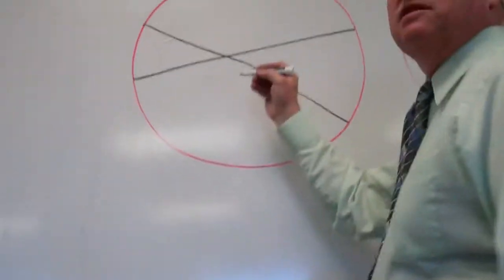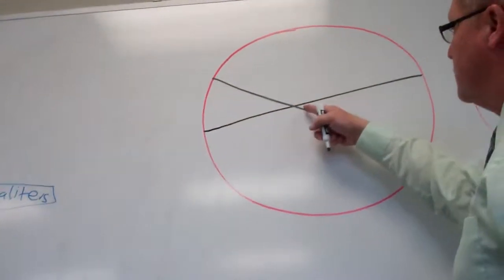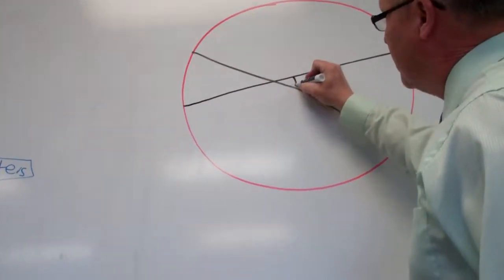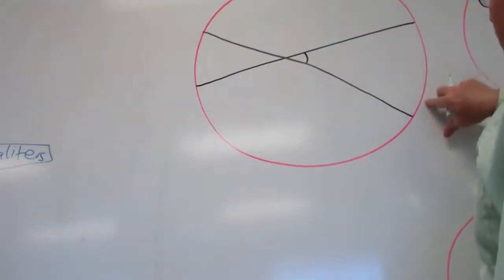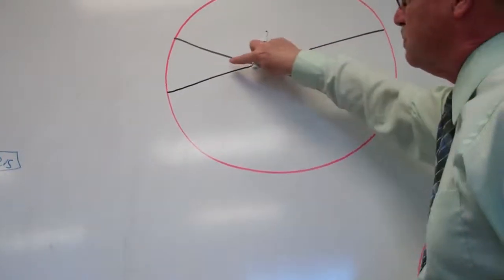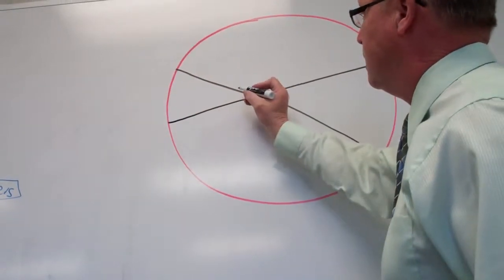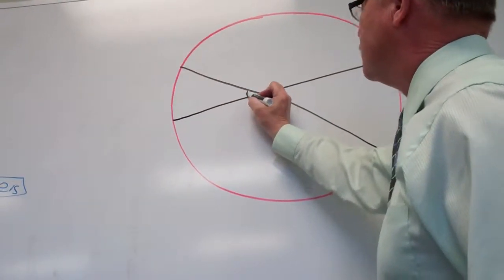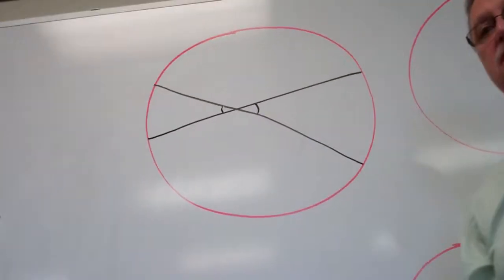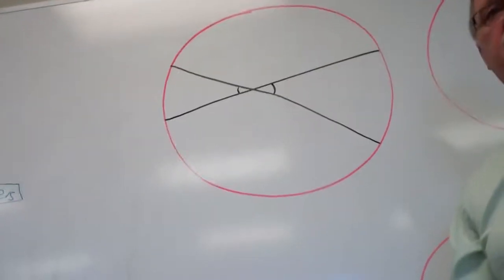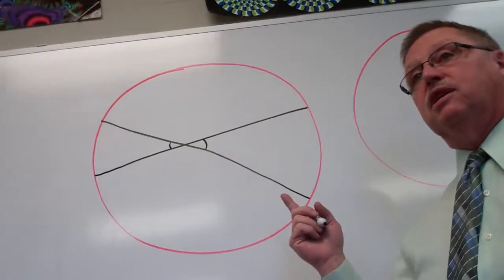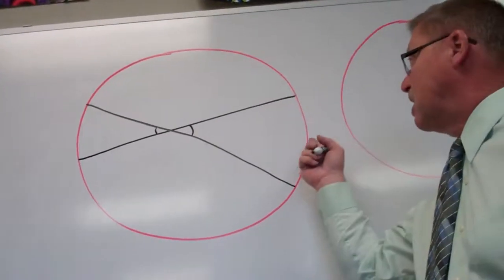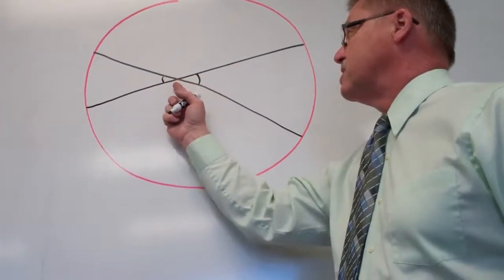I think you can see that this angle right here would catch more arc here than its back does here. Yet those two angles have to be the same, don't they? They're vertical angles. But they are going to catch different size arcs if this is not in the middle.